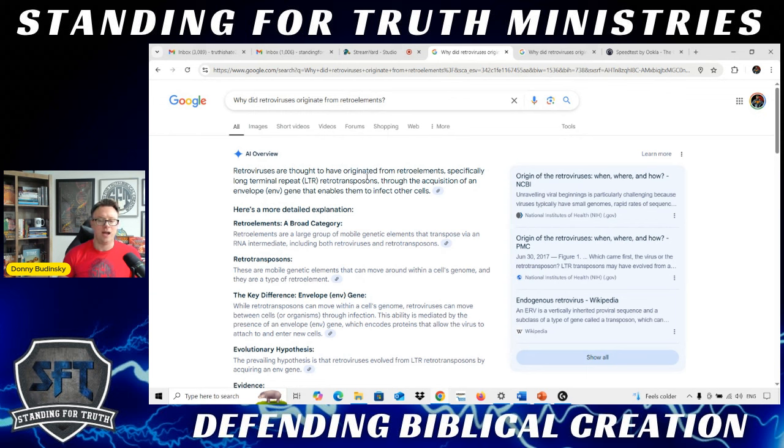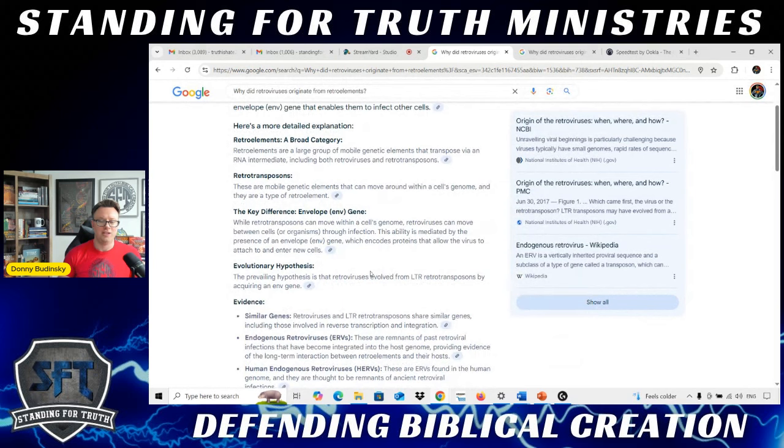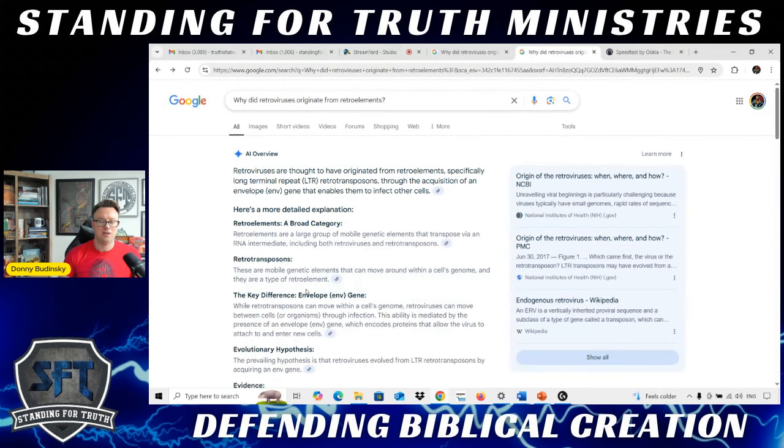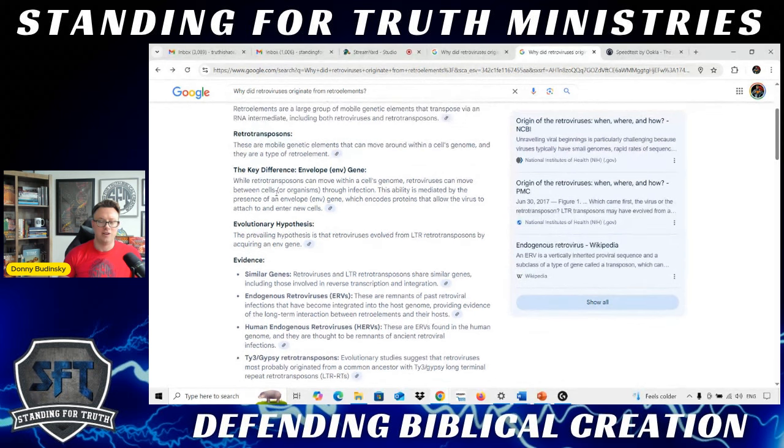Retroviruses are thought to have originated from retroelements, they're not denying it, specifically long terminal repeat retrotransposons through the acquisition of an envelope gene. Okay, so originating from what? Pre-existing genomes, pre-existing functional, and I would argue created for good reason, retrotransposons. Why did retroviruses originate from retroelements? And the same thing, but you can read some of their various hypotheses.